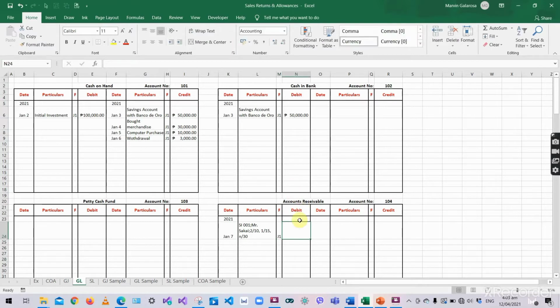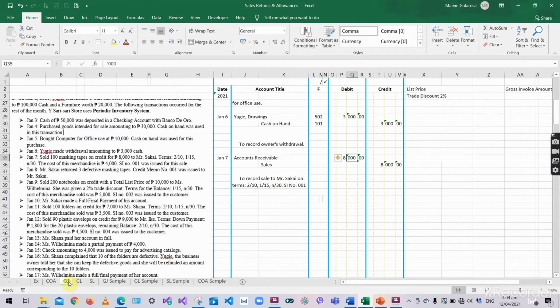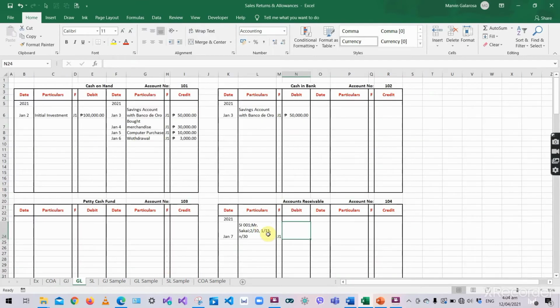Journal 1, yung reference. Ang amount na na-debit is 8,000. Account number ng accounts receivable, 104.